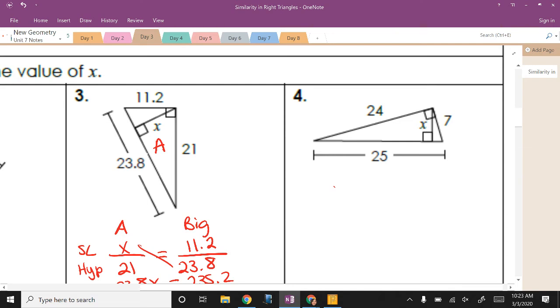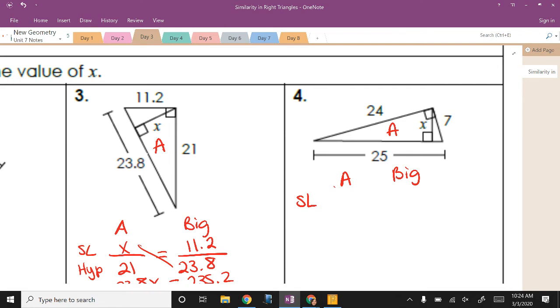Does that make sense? Okay, so you're just going to have to look at it and tell. So if y'all want to do the one to the left and keep it short leg over hypotenuse, you are welcome to. On your practice, you might not have a choice. Okay, so just keep that in mind. So I'm going to do triangle A to the big triangle. And x is my short leg. And what else do we have in triangle A?